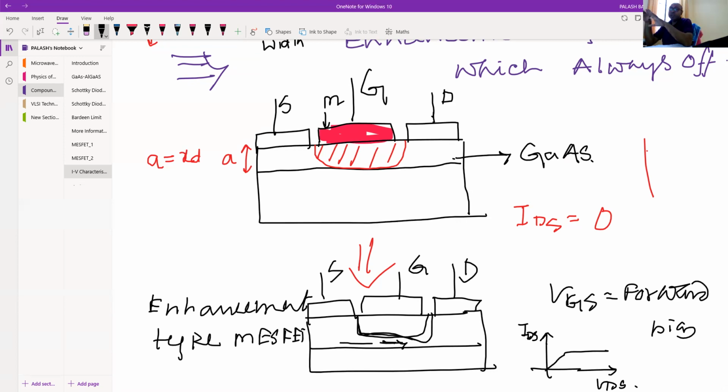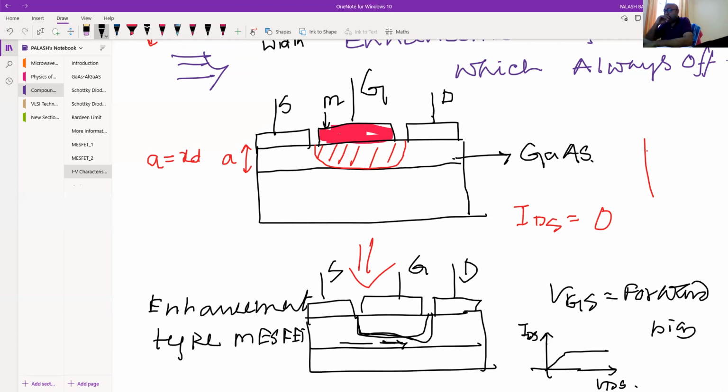You begin with your built-in potential such that the depletion region is already closed. Now you are trying to open the channel region. How to open it? You just have to apply a little bit of forward bias, and only then you get a current. Then the theory is the same, right? This is the way people are making enhancement type MOSFET, MESFET also.